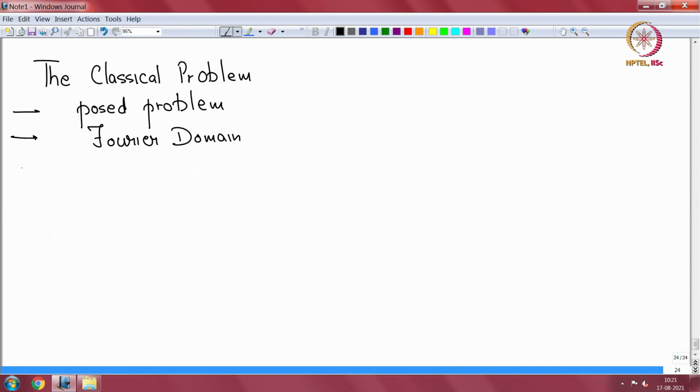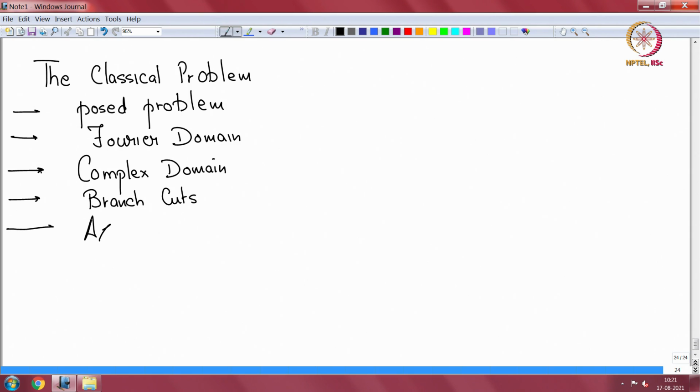We decided to do the work in the complex domain. So we learned some rules in the complex domain. We used branch cuts. We learnt about asymptotics.